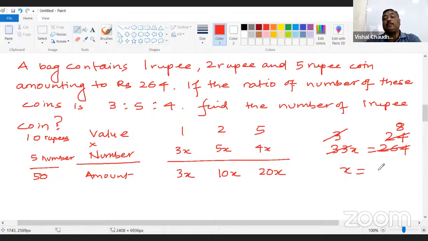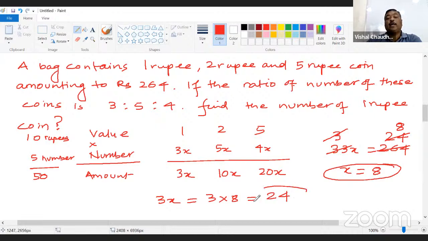The value of x is 8. The number of 1 rupee coins is 3x, so 3 into 8 is 24. We have 24 coins of 1 rupee.